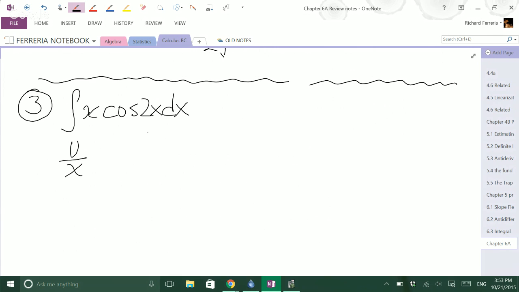u is x, dv is cosine 2x. Derivative is 1. The derivative, or the antiderivative of cosine is sine. We have 2x, so that's 1/2 sine 2x. Derivative is 0. Integral is another 1/2, but this time cosine.